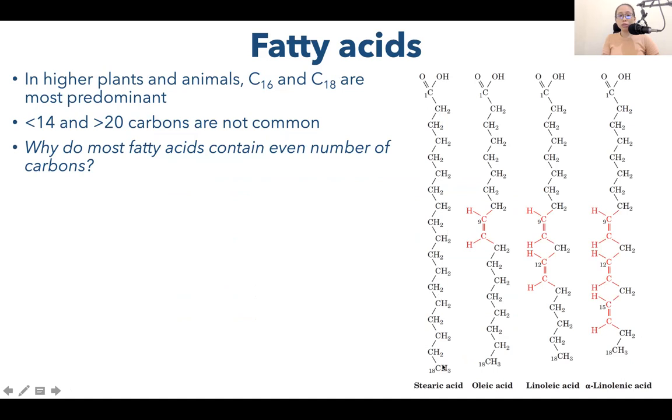So, reduced siya. Well, it's not completely reduced because you still have the carboxyl. But compared to other biomolecules, for example, yung carbohydrates marami siyang OH groups, di ba? Your fatty acids are more reduced, in a more reduced state.